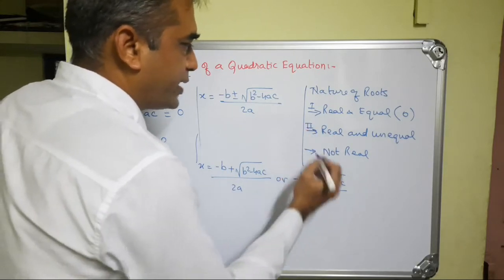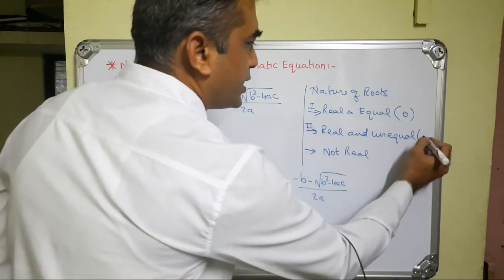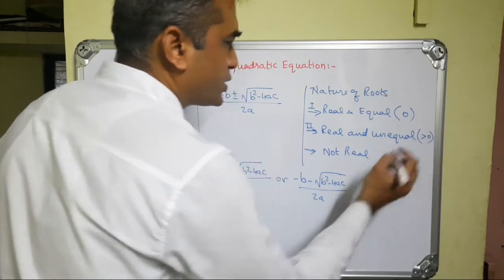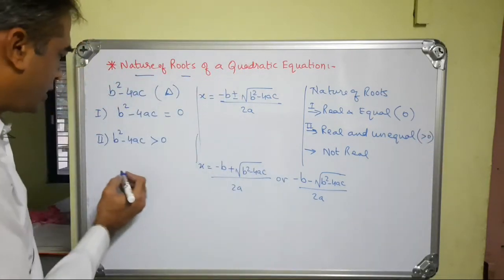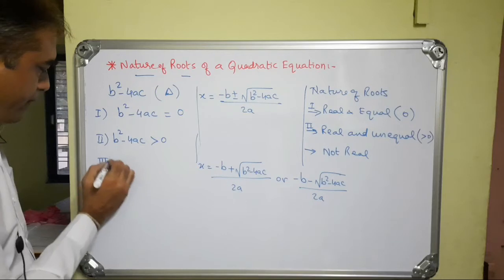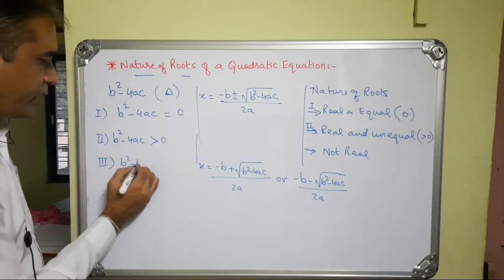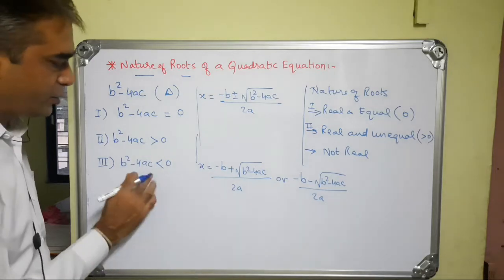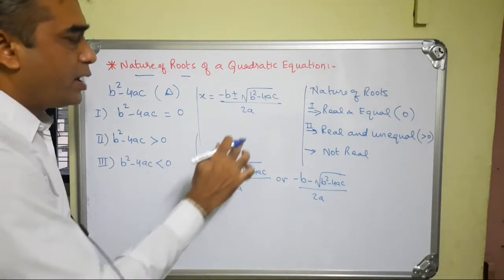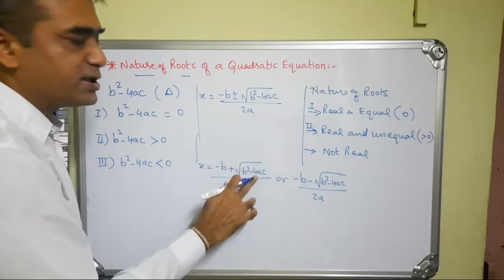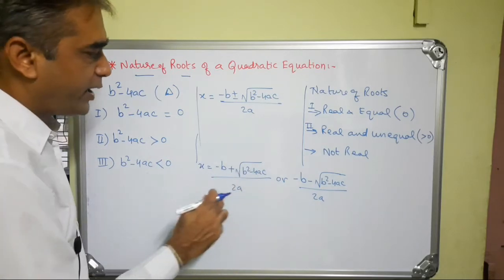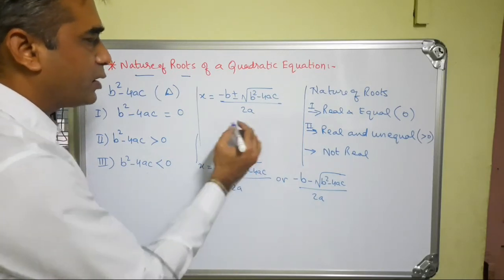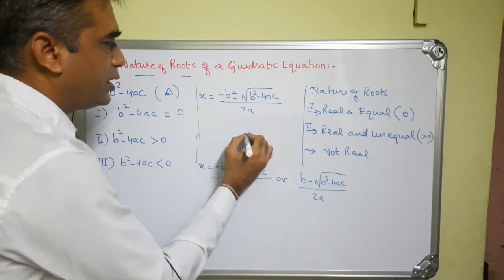Now the second case is where delta is greater than 0, a positive number, and the third case is where b square minus 4ac is less than 0.